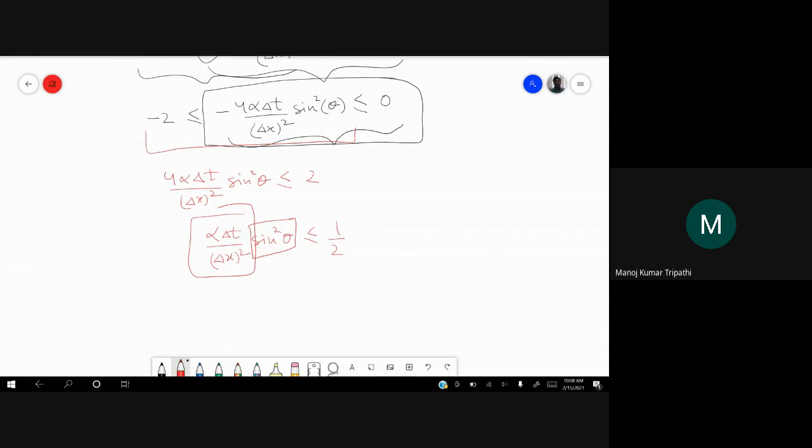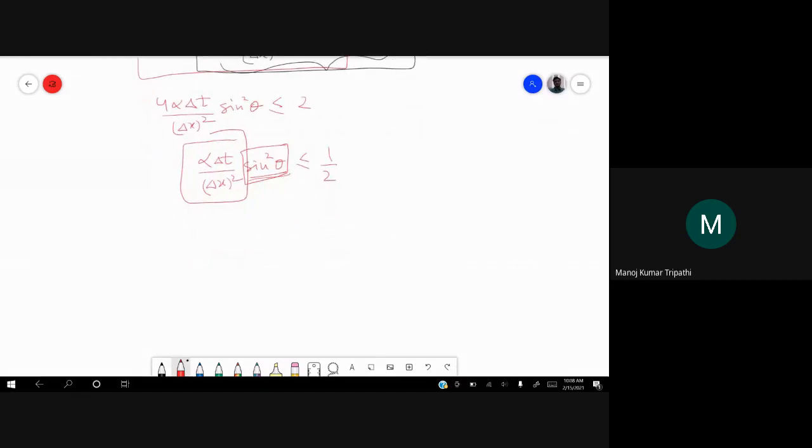So we'll assume that this is 1. Then alpha delta t by delta x square comes out to be less than or equal to half. And if we take alpha delta t by delta x square always less than or equal to half, then whatever mode we take, whatever value of sine square theta we take between 0 and 1, this condition is always satisfied.